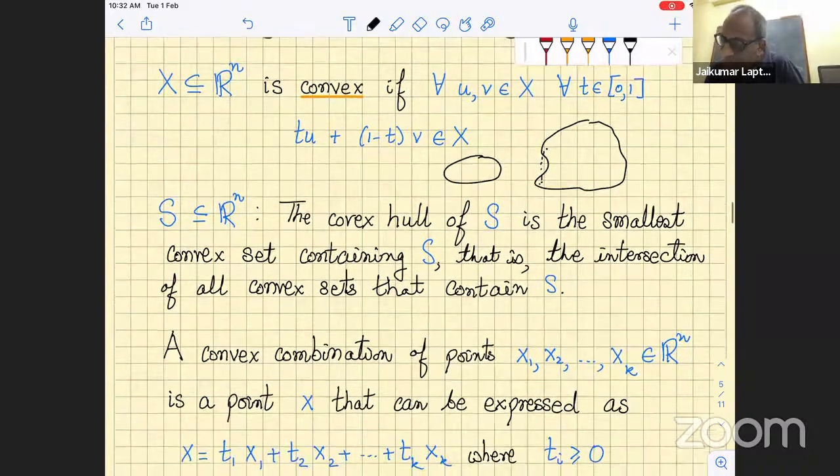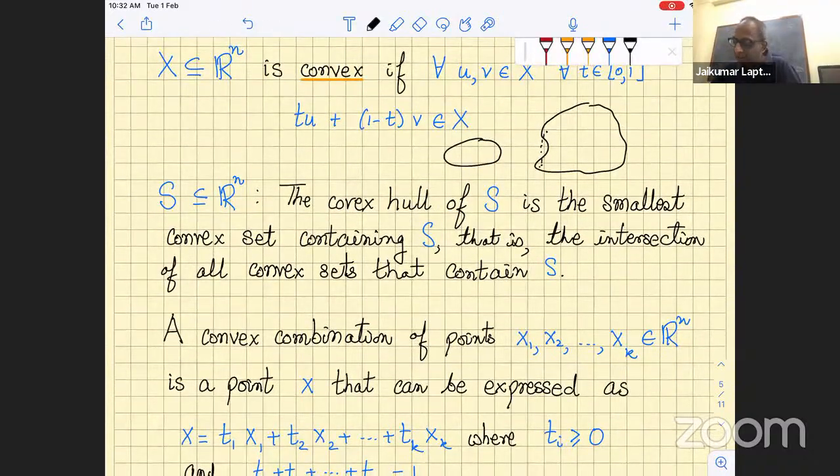Now, the convex hull of a set of points S. There are 2 ways of defining it. We will look at both of them. A convex hull of a set of points is the smallest convex set which contains these points.